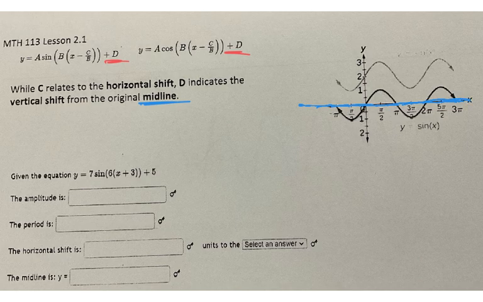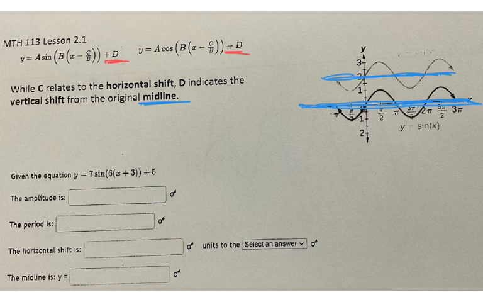It's the center of the sine wave and the cosine wave, right through the middle. So if I shift the graph, it looks like here they shifted the graph up 2. So the midline also moves up 2, right?